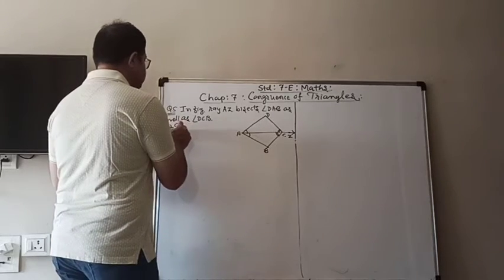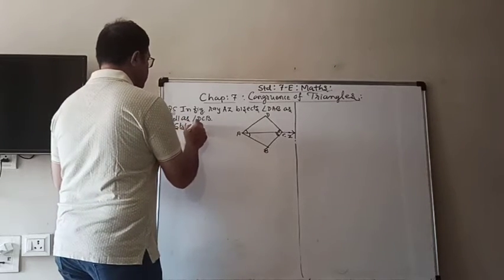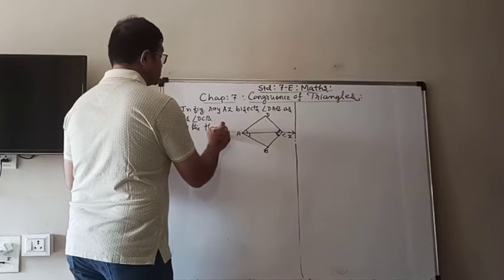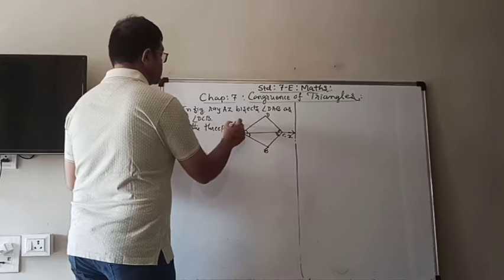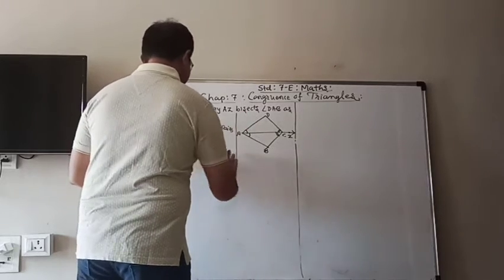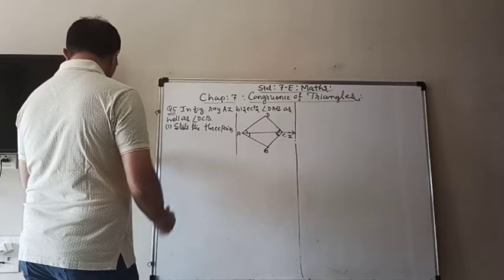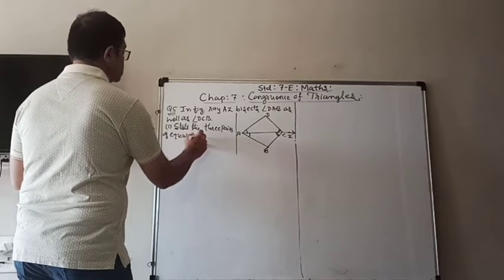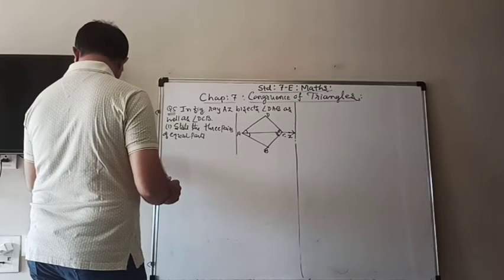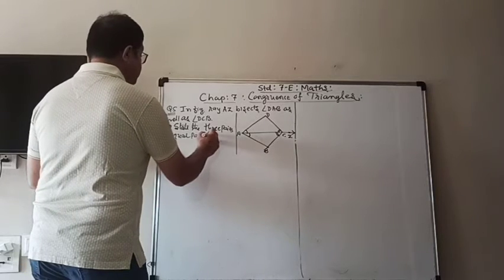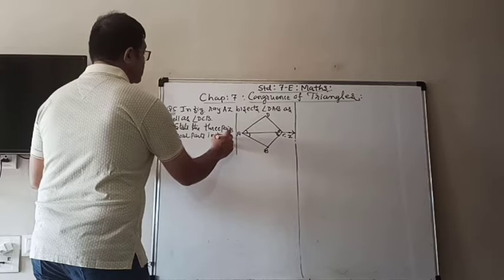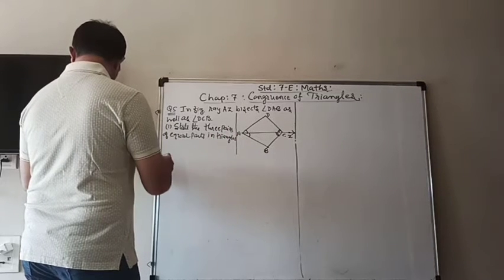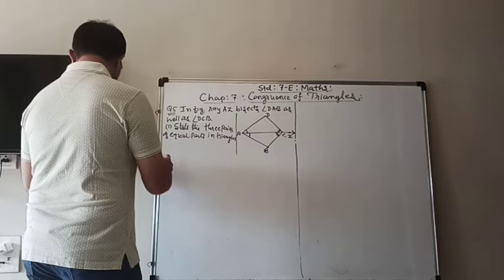State the three pairs of equal parts in triangles BAC and DAC.